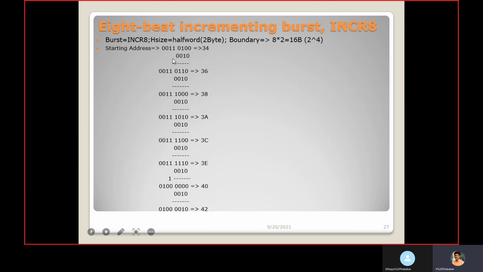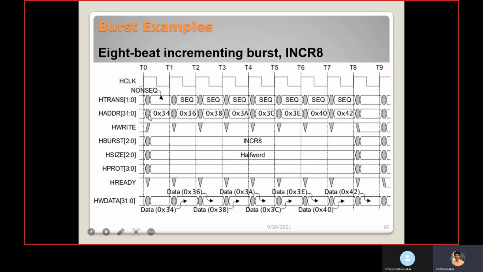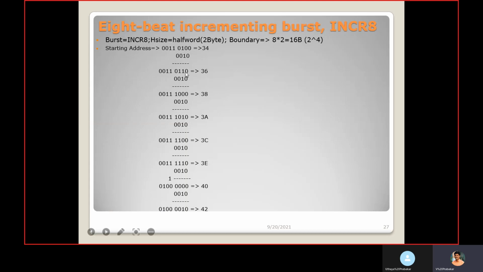Then how many bits do we need to add? Here it is a half word, nothing but 2 bytes. So we need to add 2 at each transfer. Starting address is 34. If we add 2, we get 36. Again to 38, 0 1 0 1 0 0.